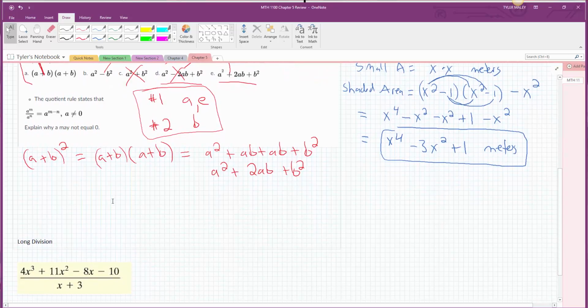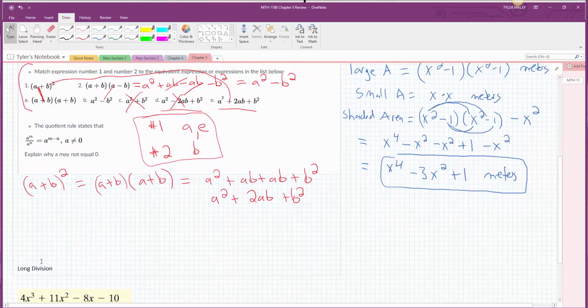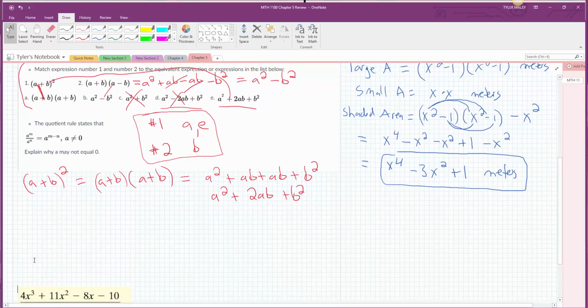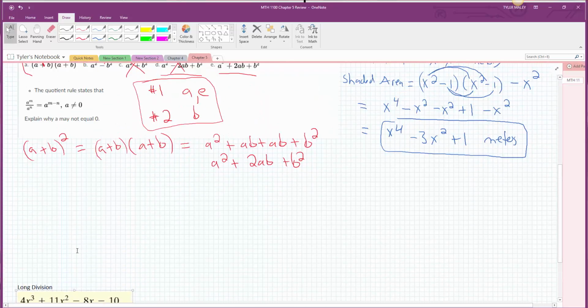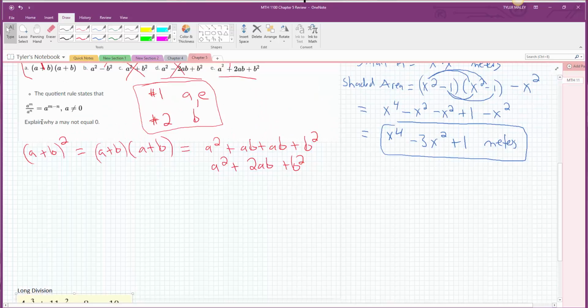So then the next one's pretty fun. So we're looking at this quotient rule. We have a to the m over a to the n equals a to the m minus n, and we're asked to explain why a can't be 0, right?